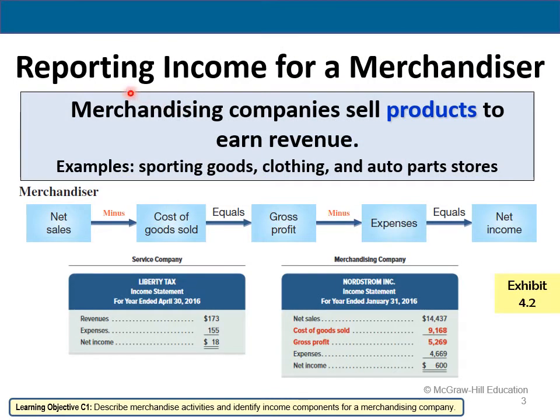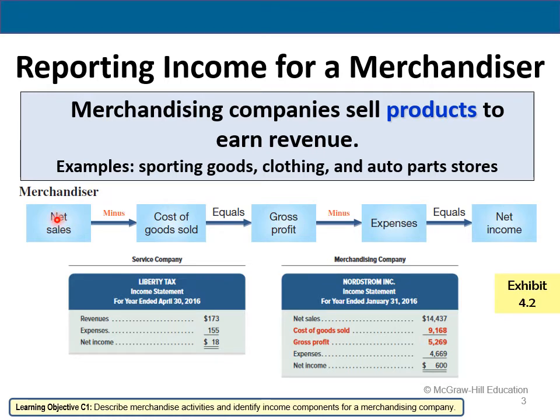All right. So here we have basically the income statement for a merchandiser, and we can see it's a bit more complicated. It starts with net sales, which is sales revenue less returns and allowances. Returns are what it sounds like: customers bringing back goods previously purchased.